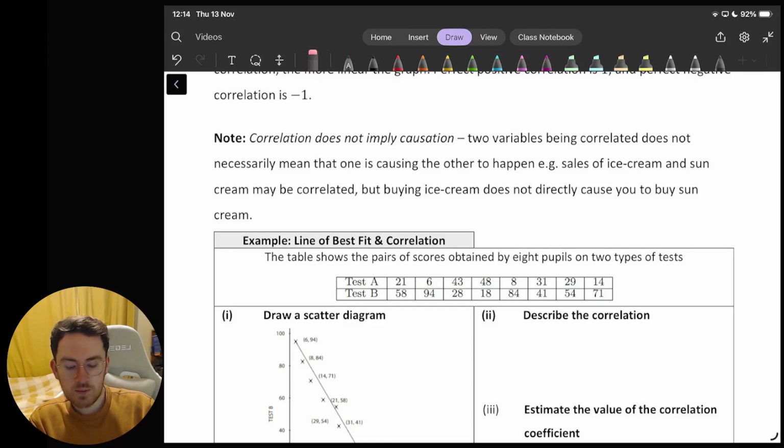Selling more laptops does not cause you to sell more fridges, and similarly, selling more fridges is not going to mean that I'm going to sell more laptops. However, if it was a new shop, then perhaps both would increase because the shop is newer, or we might just get more customers, so both happen to be higher. There may be a relationship, but one is not causing the other to be sold more.